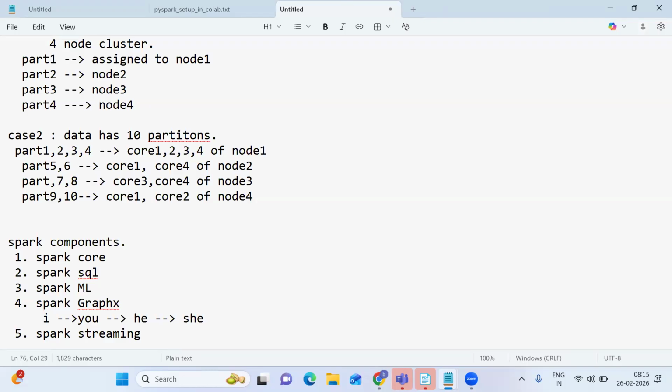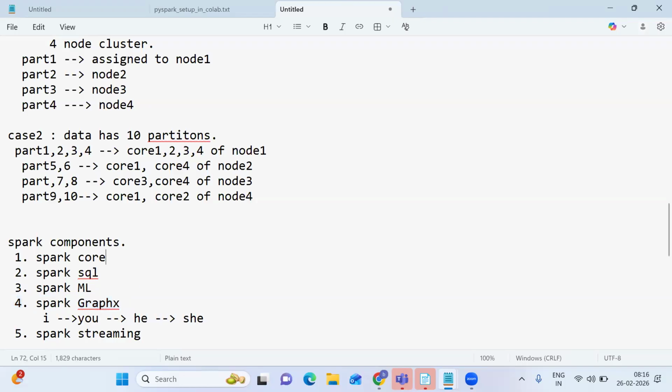You. What is the relation between I and she? Friend of friend. Understand? So such kind of connections are called graph data. Understand? To process that kind of graph data, regular SQL queries will not work out. You need special graph algorithms. The Spark is giving you those libraries to process the graph data. Understand?